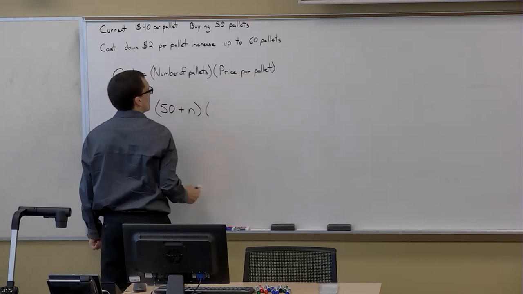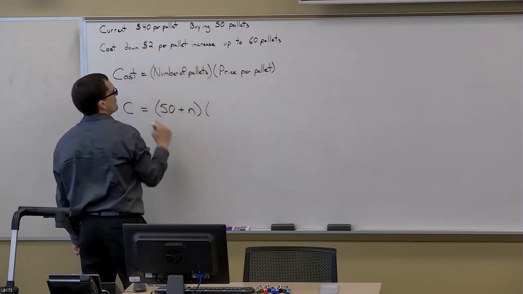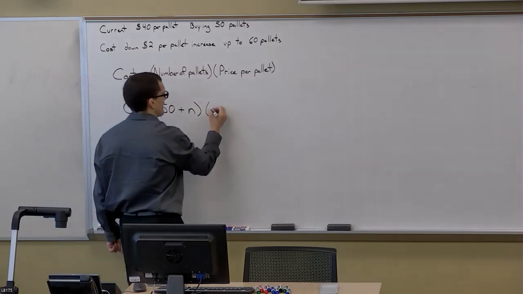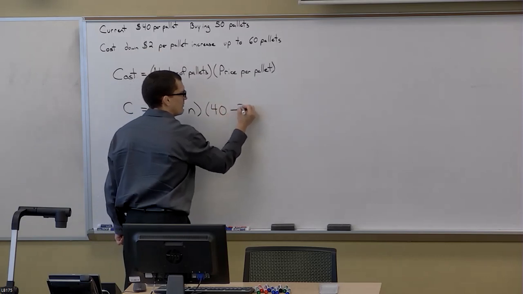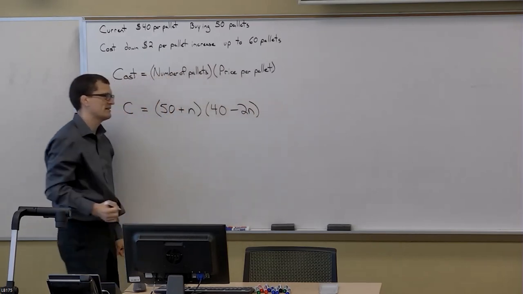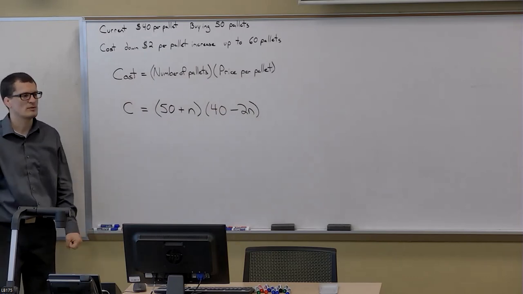Now the price per pallet is going to go down $2 per additional increase. So if the price right now is 40, it's going to go down $2 per pallet of increase. And that's my cost equation.